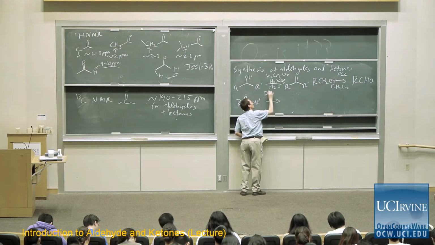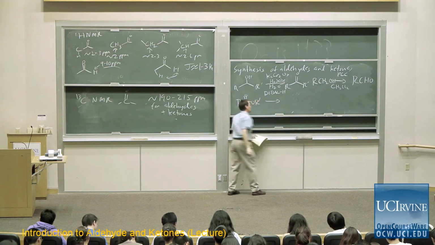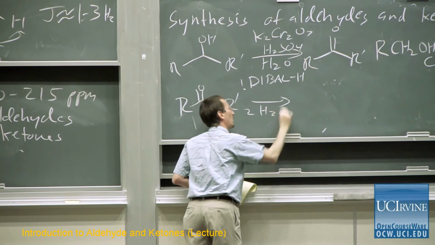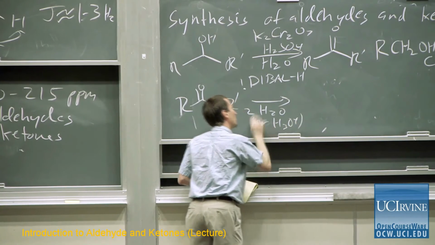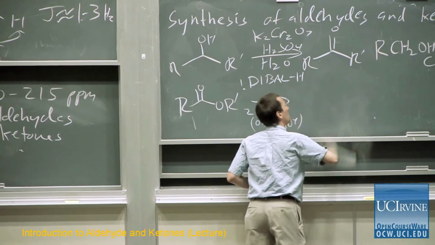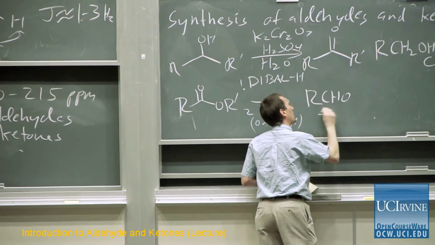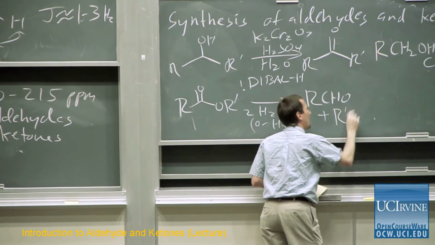And again, I've mentioned this one before. DIBAL-H followed by an aqueous workup with water or H3O+, aqueous acid, can reduce your ester directly to an aldehyde. And of course, the other product of the reaction is your corresponding alcohol.